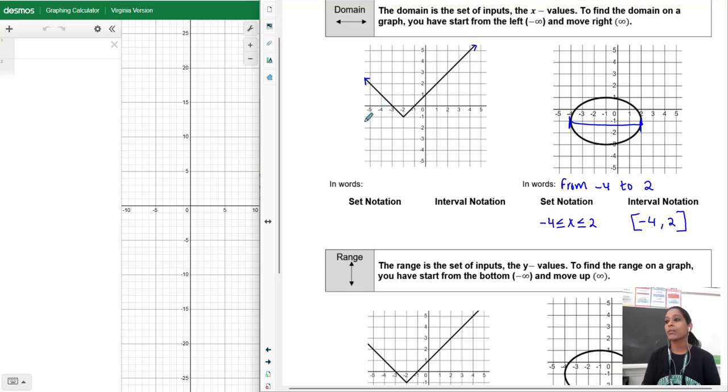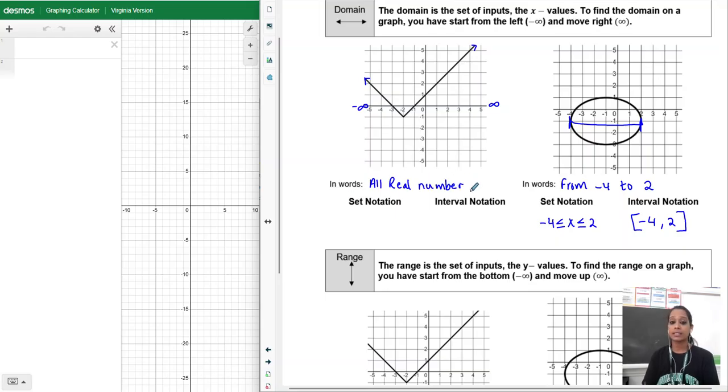When it keeps going, that means the left side is going to -infinity, and the right side is going to +infinity. So basically, the domain is all real numbers. It's going all the way to the left and all the way to the right. So we can say all real numbers, -infinity to +infinity.